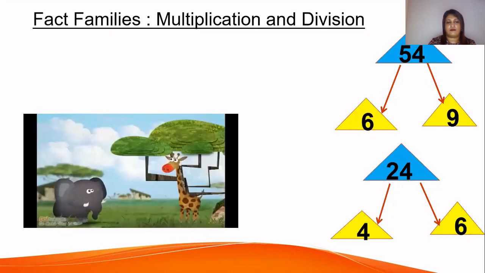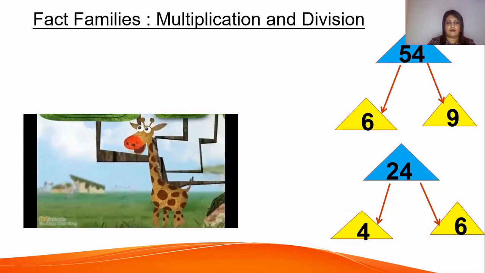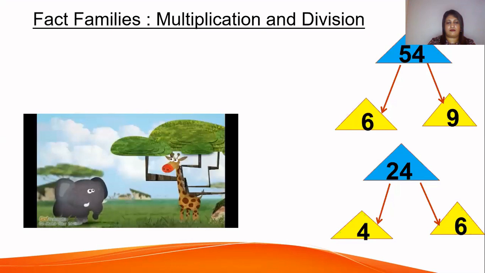Giraffe, you are on a roll. That is also correct. Wow. Now that I know that multiplication and division are related, the rest of these problems will be easy. Do you want to meet me at the pond when I am finished with my homework? That sounds great. I will see you soon.